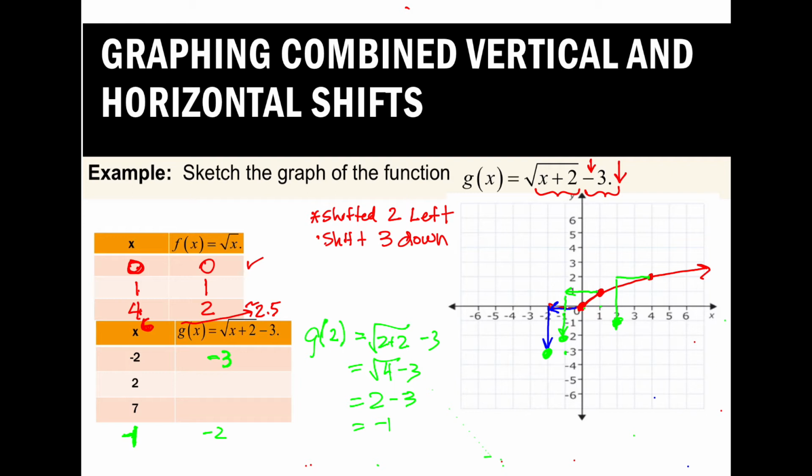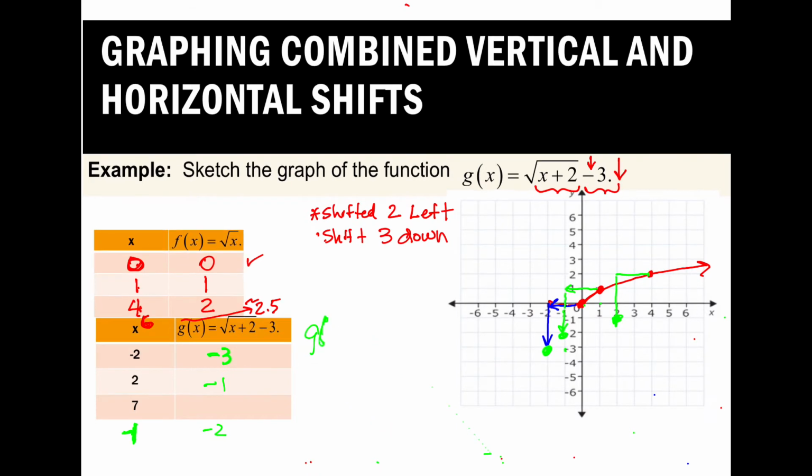Following that same pattern, just like we thought, it's creeping through there. And I put in 7 because we can afford to plug in some higher numbers here. Looking at the equation, I know that 7 plus 2 gives me a perfect square of 9.